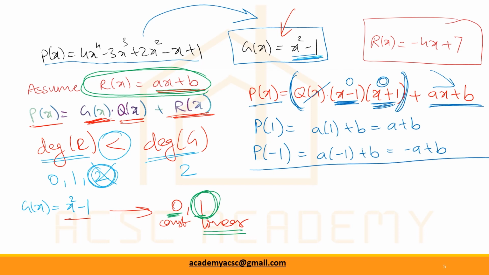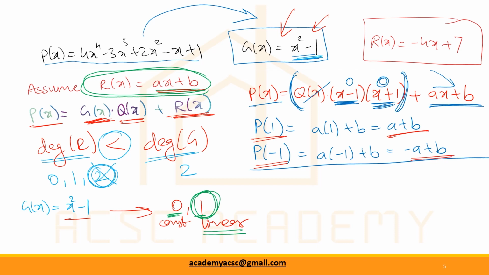So what was the use of doing this? Now let us see. We did this because 1 and -1 were the factors of g of x, and as a result we got p of 1 and p of -1 in terms of a and b.